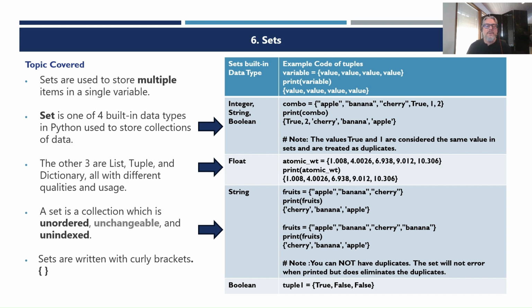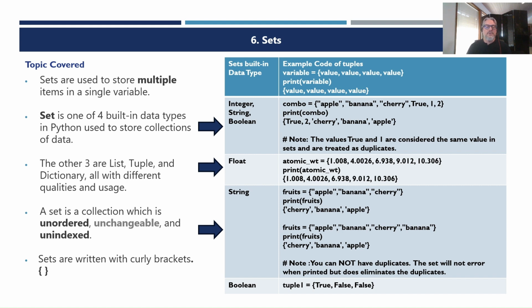As you notice from this example, when you say print fruits, it looks at the variable fruits and prints everything in the set, but it doesn't necessarily print them in the same order. So apple, banana, cherry prints out as cherry, banana, apple. And then the second example, fruits is apple, banana, cherry, banana. Banana is there twice.